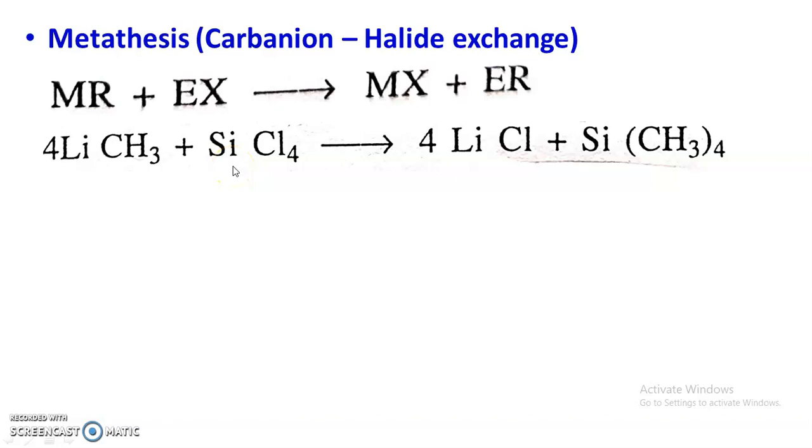Silicon is the more electronegative atom. As I said, an alkyl group migrates from a less electronegative element to a more electronegative element.